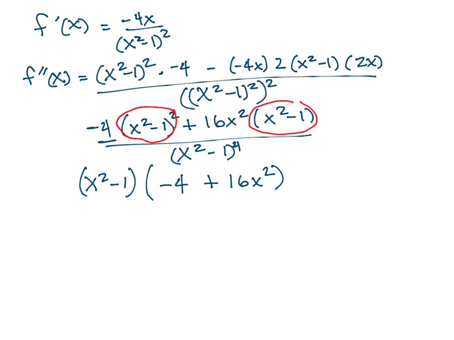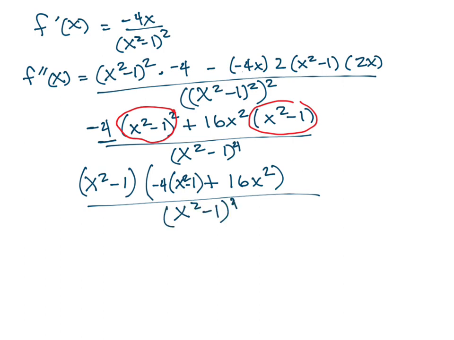I was only able to pull one of those from the first. That's going to leave negative 4 times one of them, all over x squared minus 1 to the 4th.